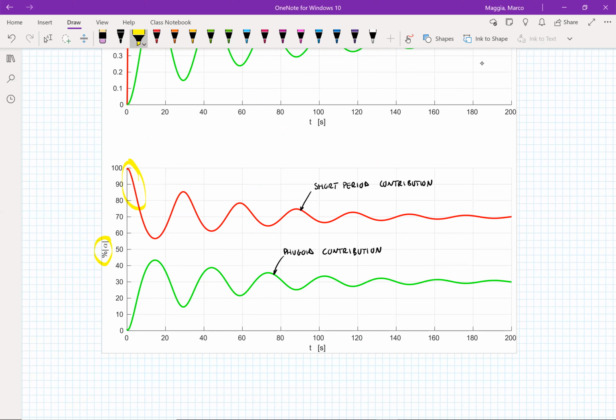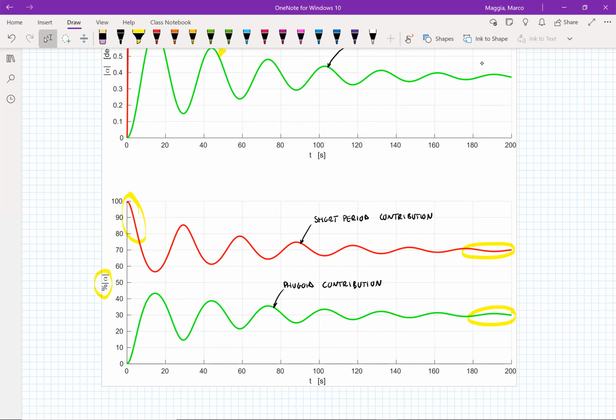And then as time increases, the short period contribution dies down and it settles to about 70%, whereas the phugoid mode contribution settles down to about 30%.